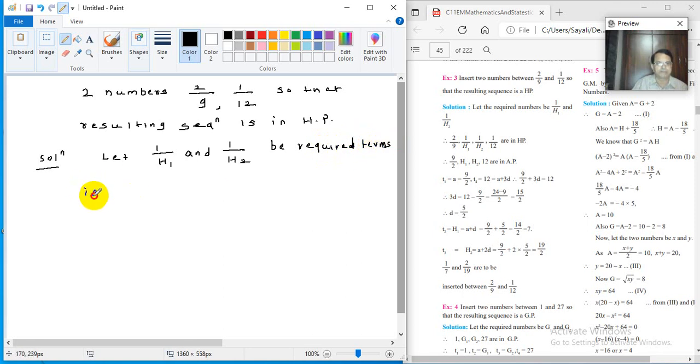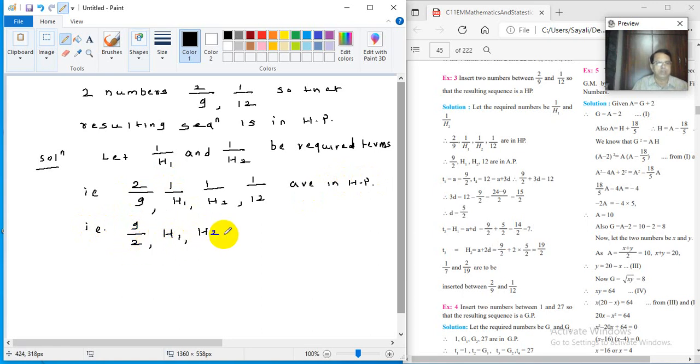That is, 2 upon 9, 1 upon h1, 1 upon h2 and 1 upon 12 are in harmonic progression. Their reciprocals are in arithmetic progression, that is, 9 by 2, h1, h2 and 12 are in arithmetic progression.